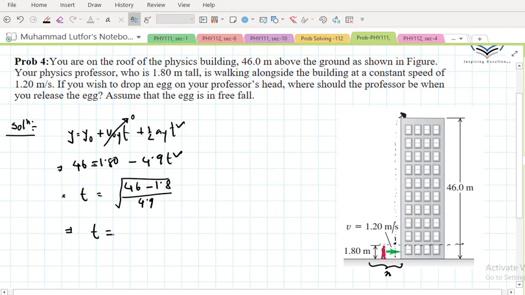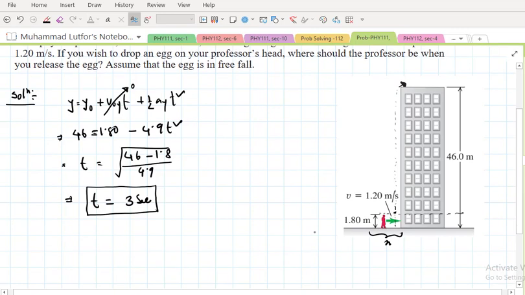So the time in that case would be 3 seconds. That means after being released, the egg will take 3 seconds to strike at the height level of the professor.